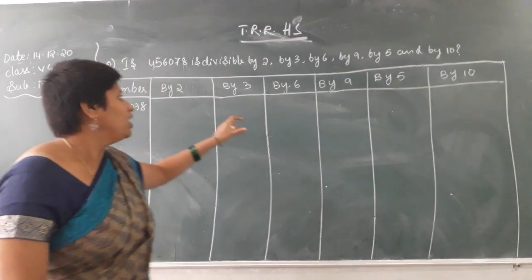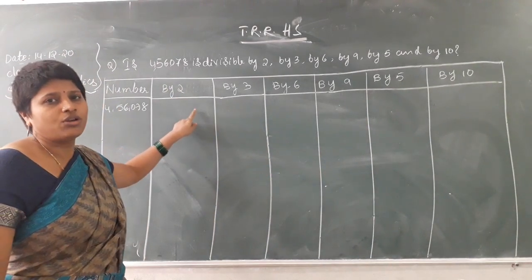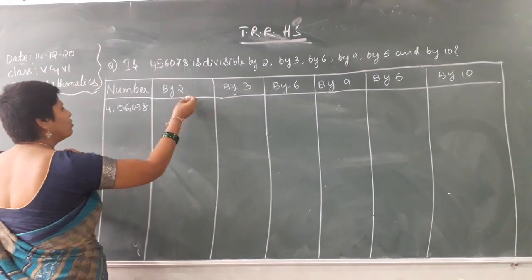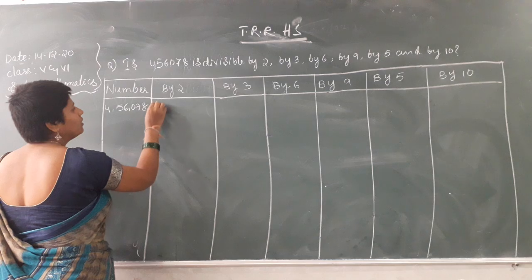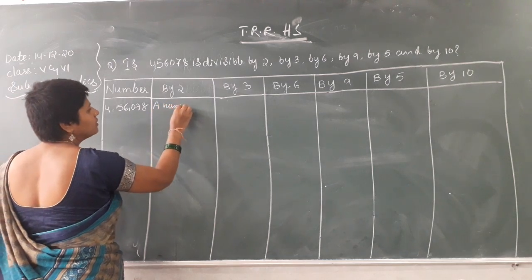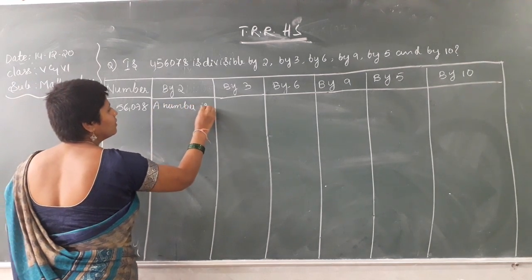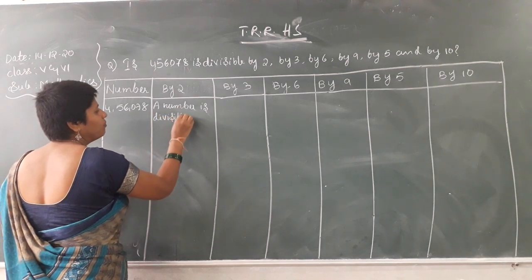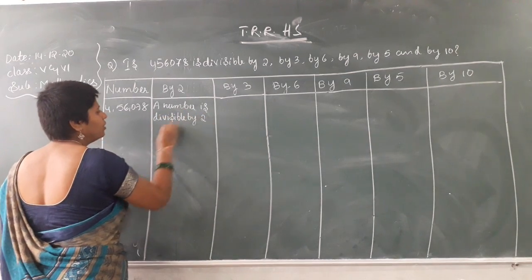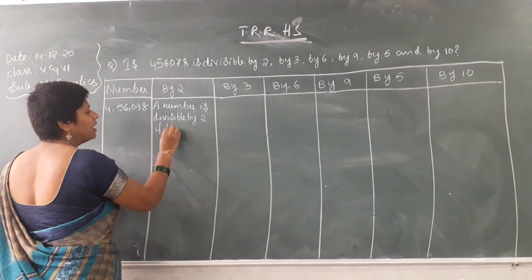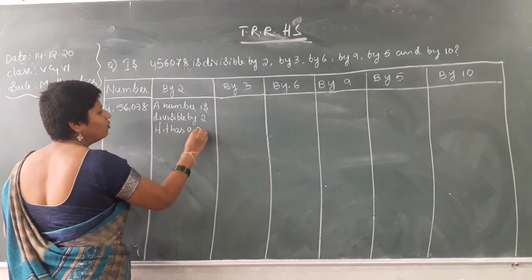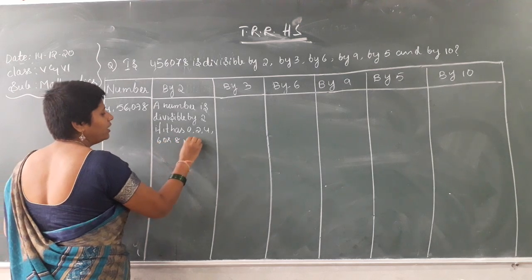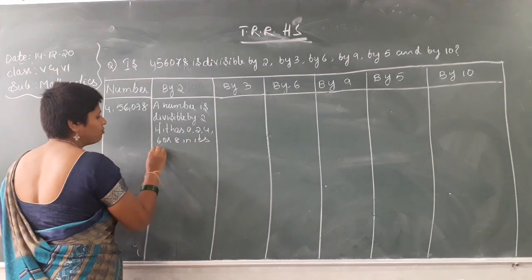So by 2, you should know the rule. So here I am writing the rule of 2. What is the rule? A number is divisible by 2 if it has 0, 2, 4, 6 or 8 in its ones place.